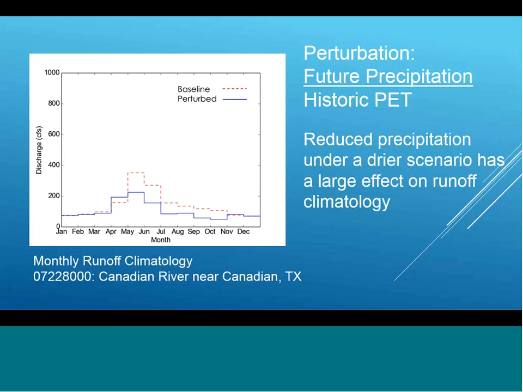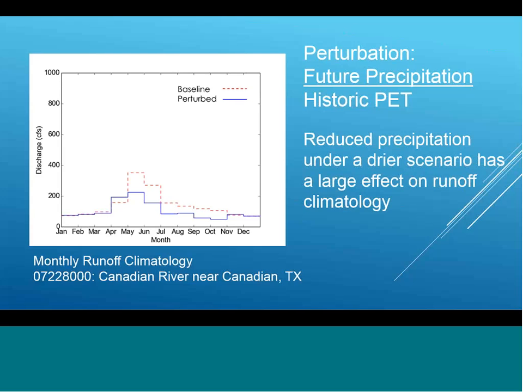This particular climate model, the INMC3, was chosen because it represented the 90th percentile reduction in precipitation and an increase in warming at the 90th percentile.